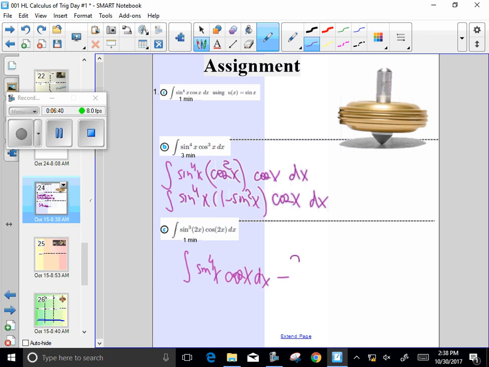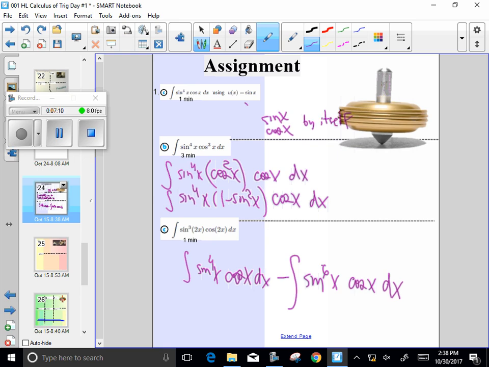And what I'm going to do is break it up. Minus sine to the 4th, sine to the 2nd. That's sine to the how many? 4th, 2nd, 4, 5. Is it 6th? Times cosine x dx. Now could you do these using u sub easily? Yeah. So what you want to do is get sine x or cosine x by itself.